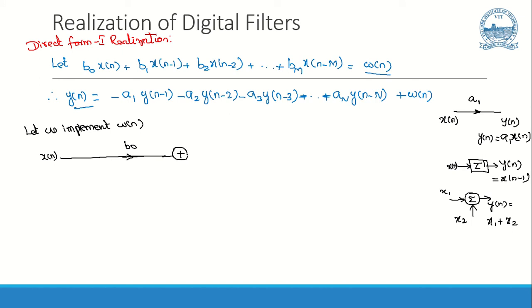It can be a plus symbol or whatever summation symbol you can use, giving w of n. Now to this I need to add one delay element. So here I'll get x of n minus 1. This should be multiplied by b1. So let me have an adder here.